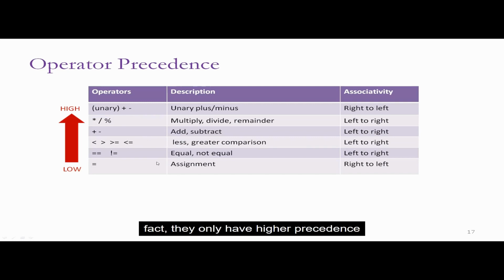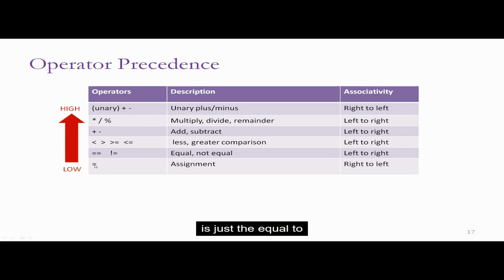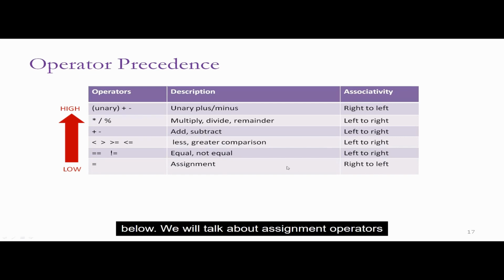In fact, they only have higher precedence than the assignment operator, which is just the equal to sign, which assigns the value in the RHS to the variable in the LHS. The associativity for the relational operators is the traditional left to right. The only operators that have associativity from right to left are the unary operators up top and the assignment operators that you can see down below. We will talk about assignment operators separately.